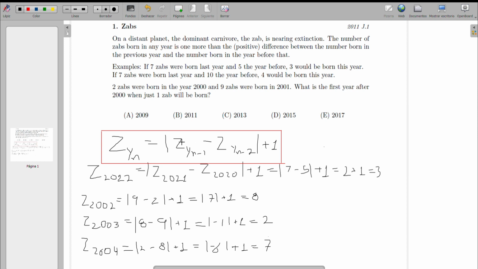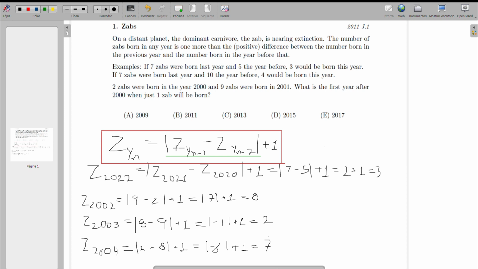Well, the condition is that the sabs born in 2 consecutive years must be the same, so that this difference equals 0, because the sabs born in year n minus 1 would be the same as those born in year n minus 2.